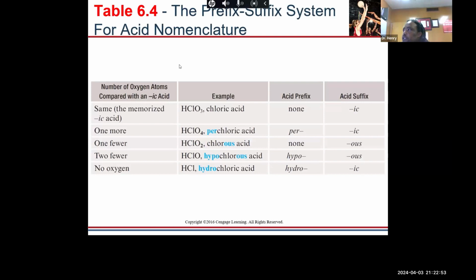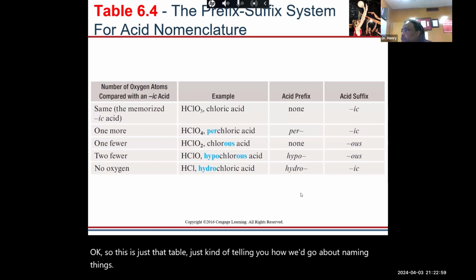This table just tells you how we go about naming the things we just discussed.